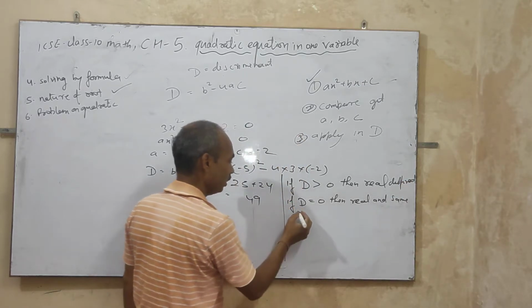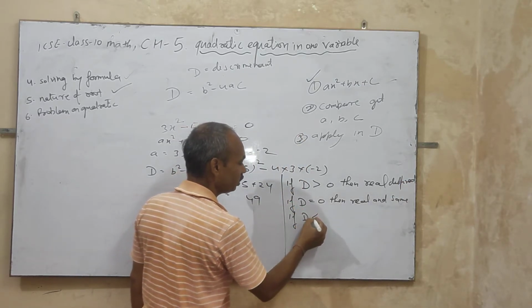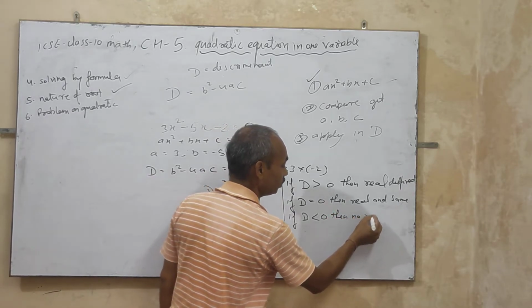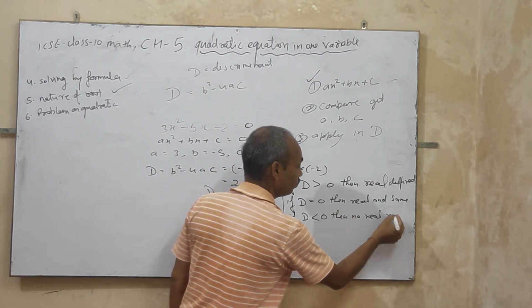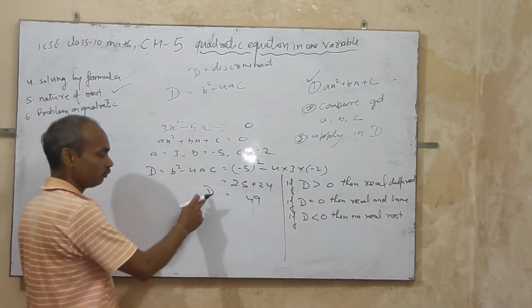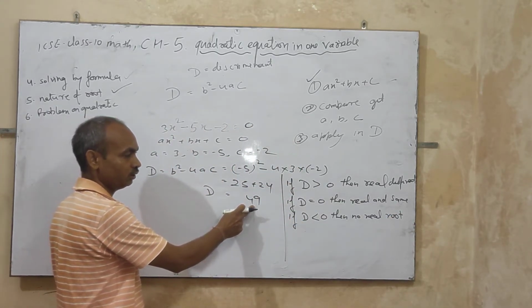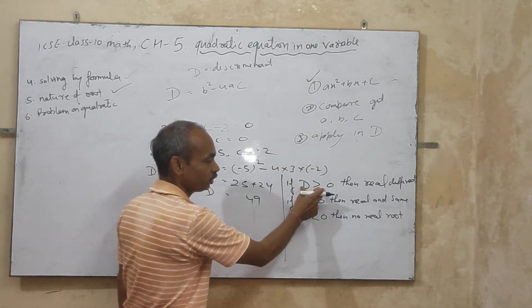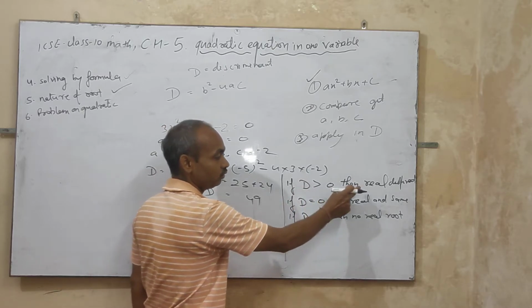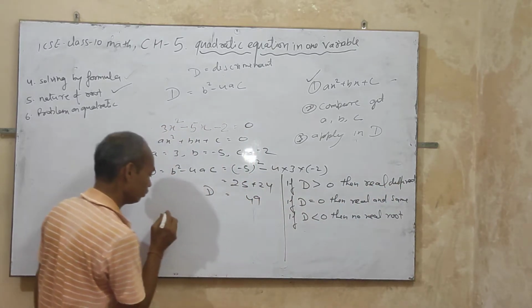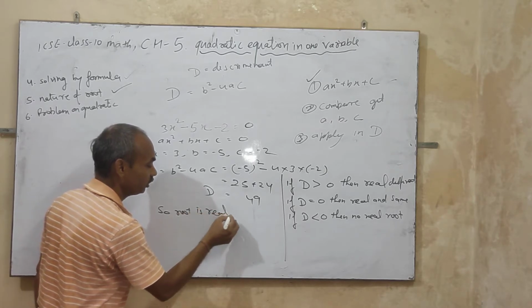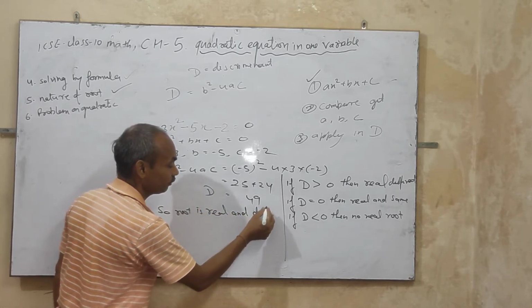And if D is less than 0, then no real root. What is the value of D? Plus 49. This confirms that D is greater than 0. Hence, root is real and different.